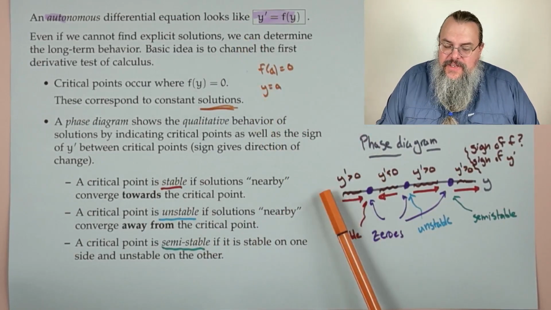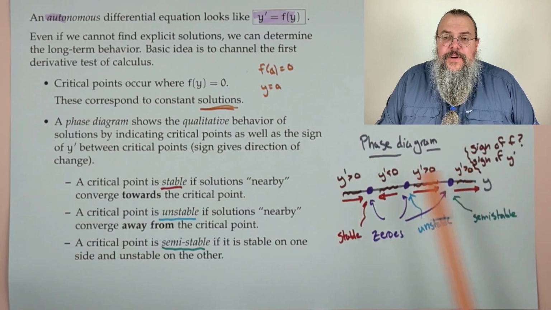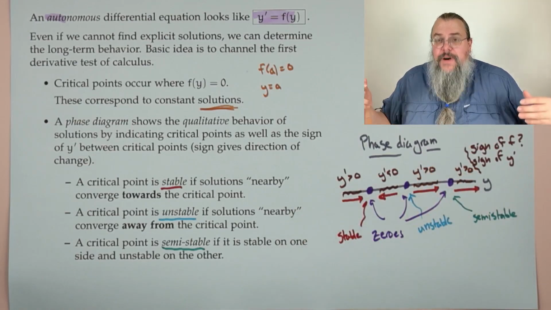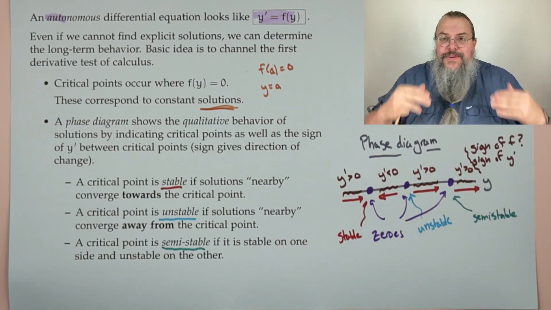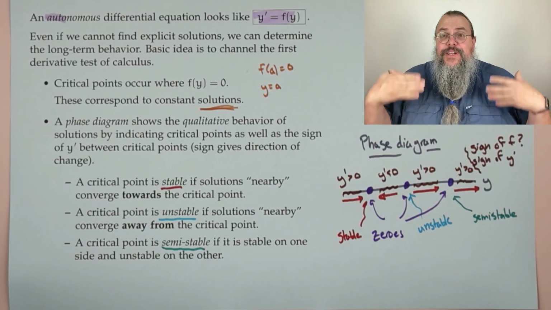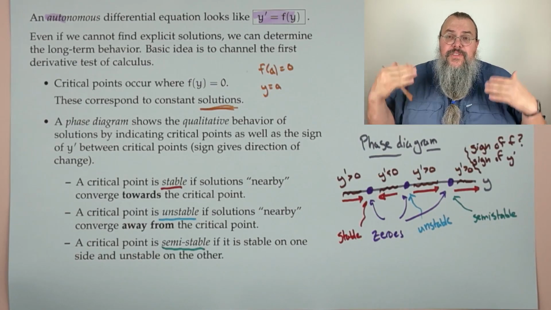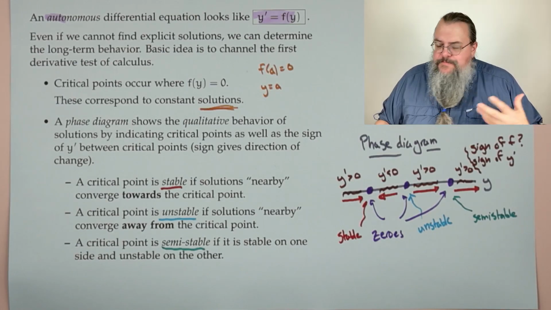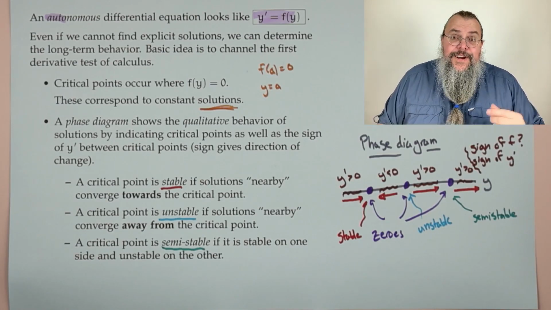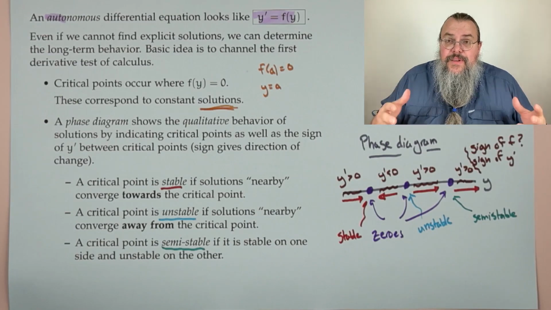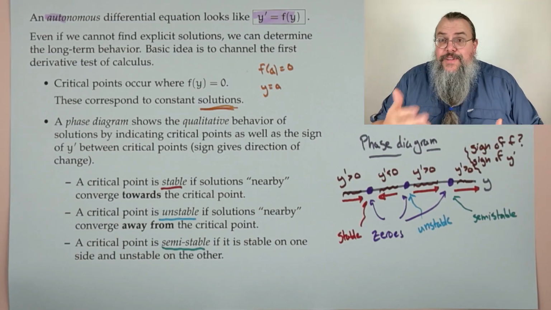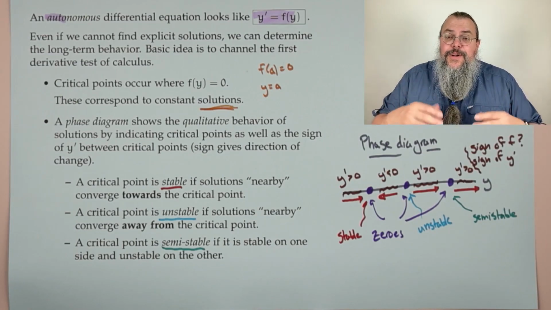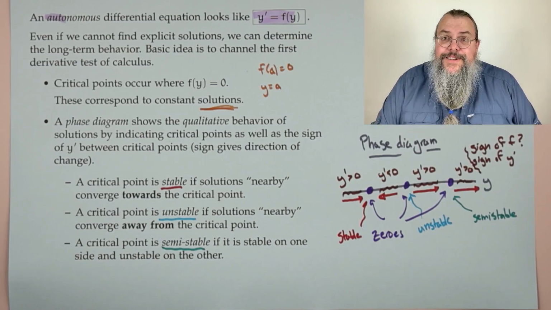And we say, well, let's look at the sign of the first derivative, positive or negative. Because first derivative positive means you're going up, first derivative negative means you're going down. So it's capturing the same behavior. And so if you say, oh yeah, it's the first derivative test, and just treat it like that, you're good to go. All right, well, that's the basics. And with a few more examples, it'll become more clear about what to do and what's going on.